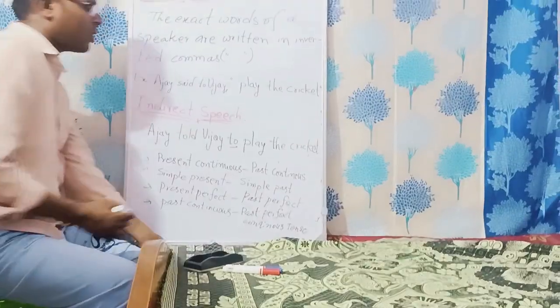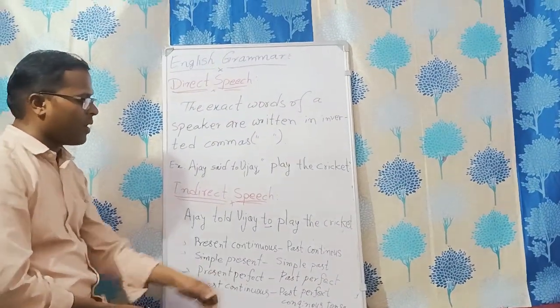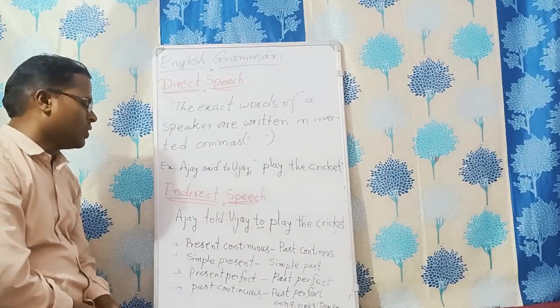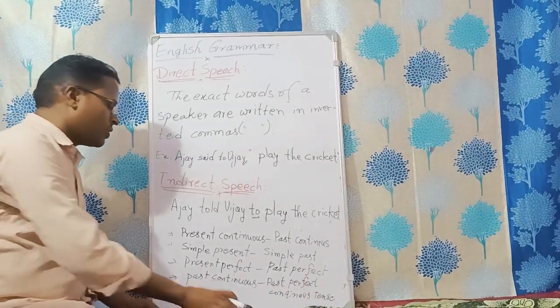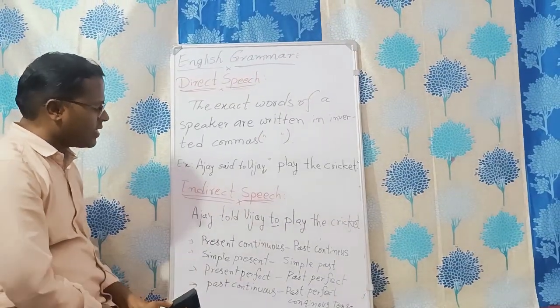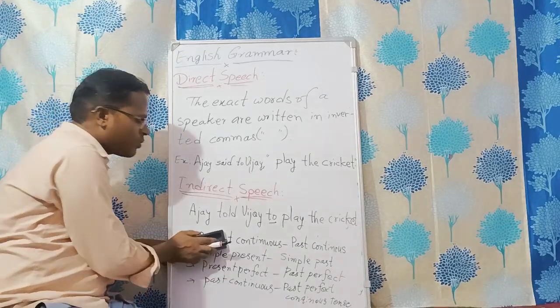So these are the tenses changes into the back tenses. This is called back shifting. So tense also changes. If the direct speech is in a simple future, it will be also in the simple future.